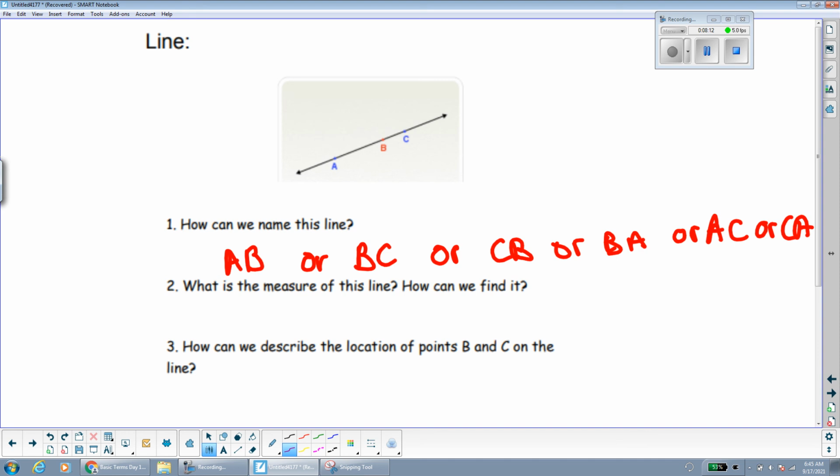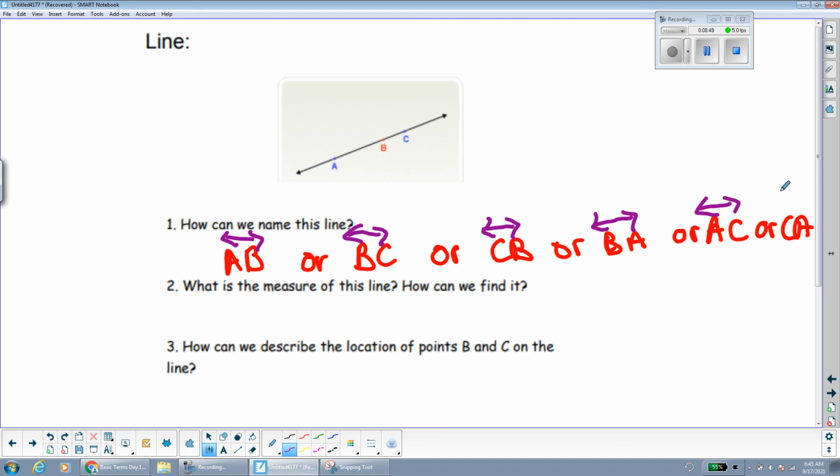To let the people reading our work know that we're talking about a line this time instead of a line segment, because we named it with 2 letters, we're going to put different notation on top that lets everybody know for sure that we're talking about a line here. And that's a little double arrow on top. That double arrow symbol signifies that we are talking about a line because a line goes infinitely in both directions.